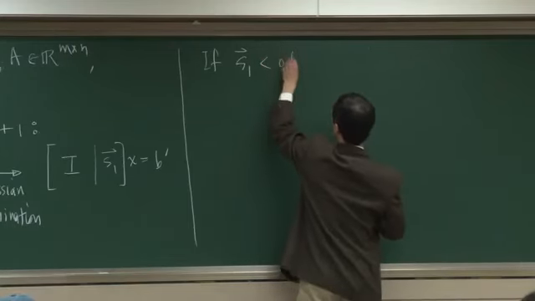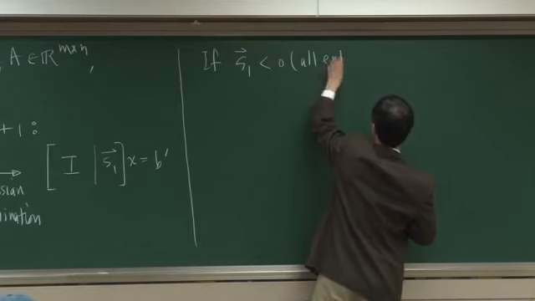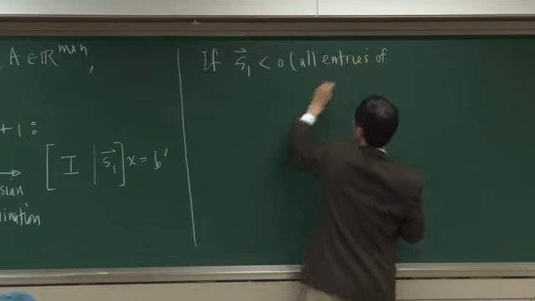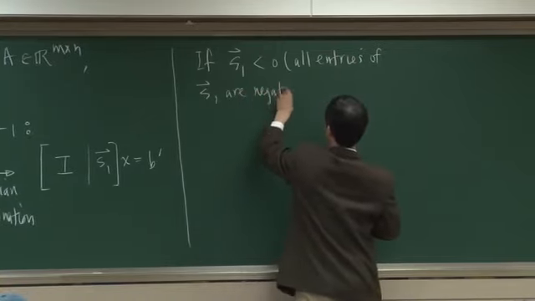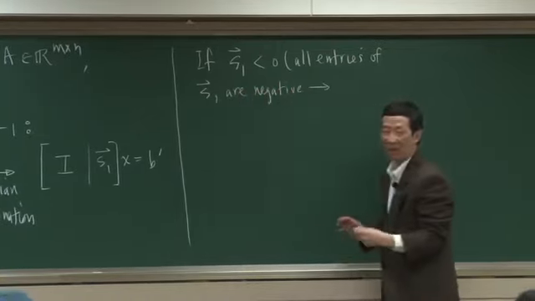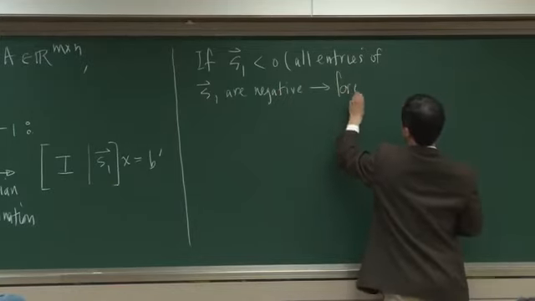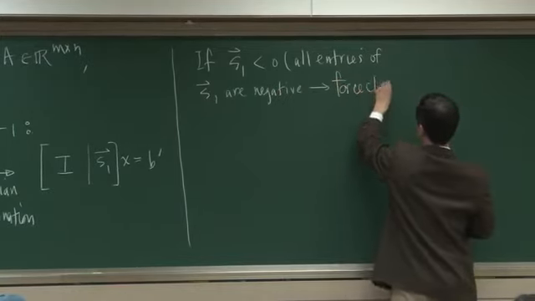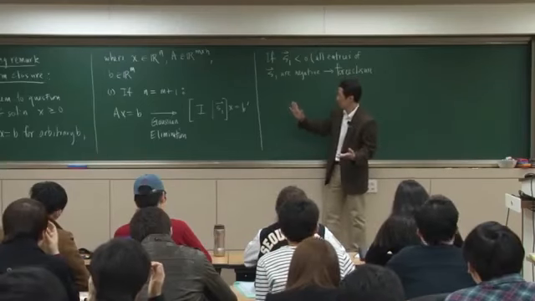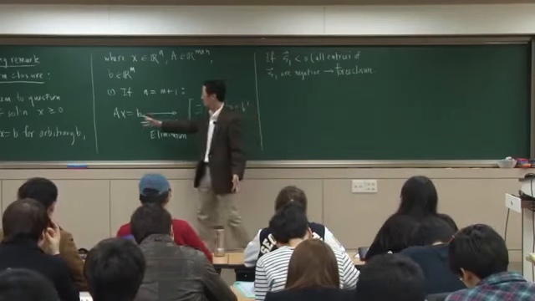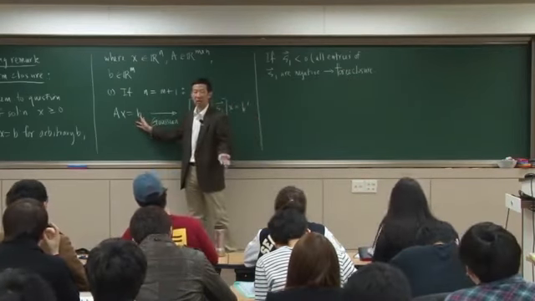So if S1 is less than 0, which means that all entries of S1 are negative, then we have force closure. Or another way to say it, a non-negative solution x to this equation exists for any arbitrary b.